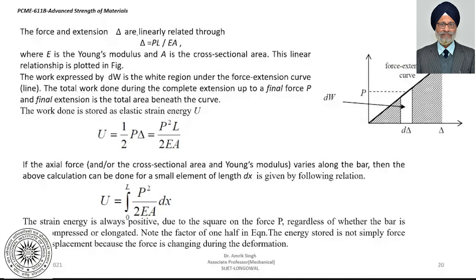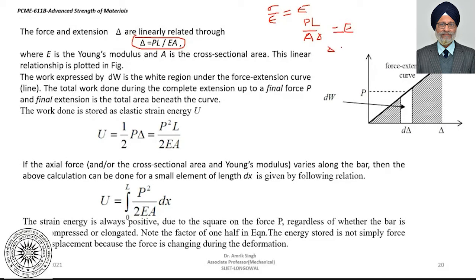Now, we know that sigma upon epsilon is equal to E, the modulus of elasticity. If you put the value of stress as P upon A, and the value of strain as delta upon L, you get this expression.